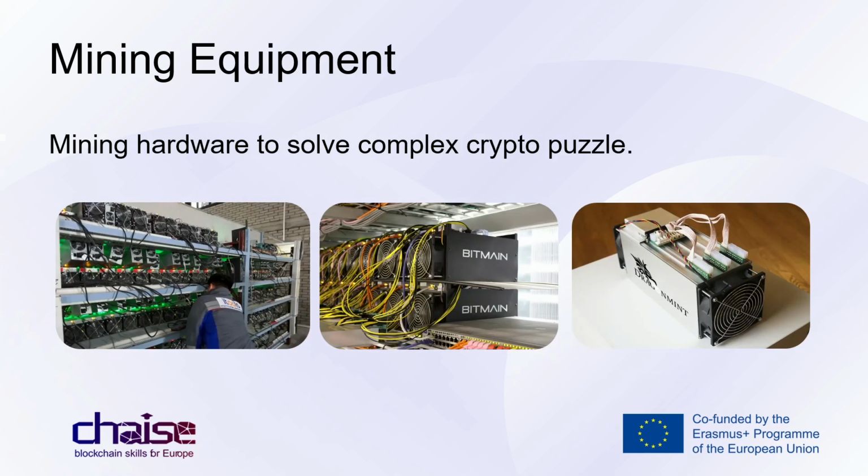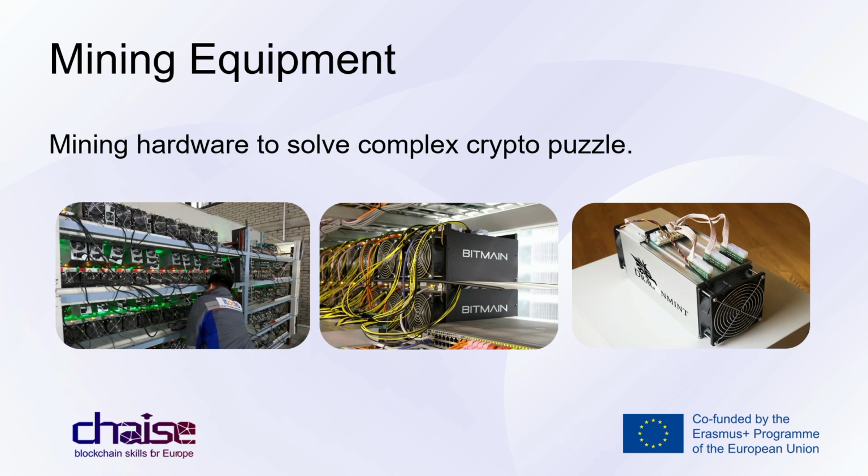So, I was speaking about the specialized mining equipment. This mining equipment is specialized hardware designed specially to run algorithms or programs to solve complex cryptographic puzzles. These mining machines are designed with high performance computation or hash computing power to discover the next block to appear on the ledger.